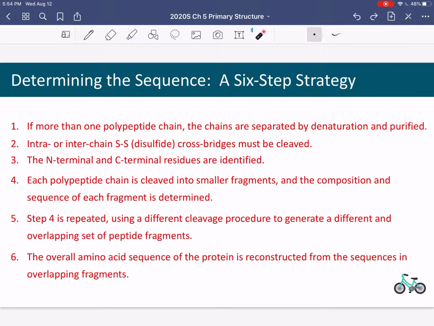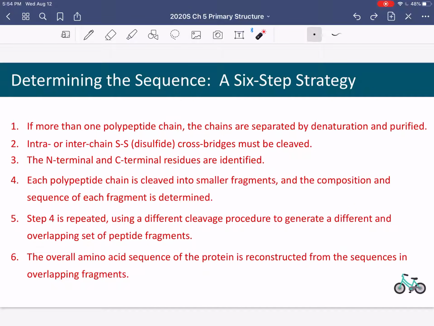Now that will work if you don't have disulfides, but if you do, then you need to do step 2, which is the reducing agents are added to cleave or break the disulfide bonds, the cross bridges between or within individual polypeptides. Okay, so once you've done step 1 and 2, you've separated the polypeptide chains, then the rest of the steps are performed on only one chain at a time.